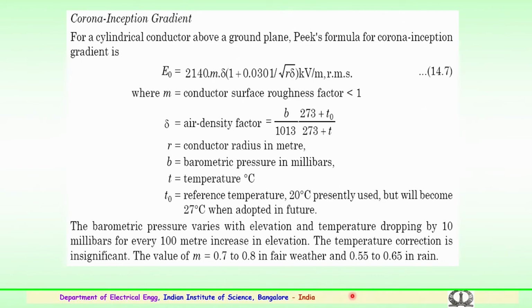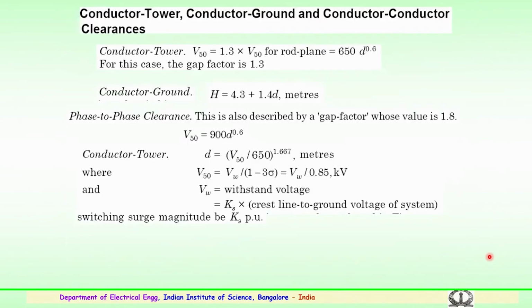So, these are the calculations to be used, or the formula which is used for the calculation of corona inception for the conductors which are being used for the transmission lines.